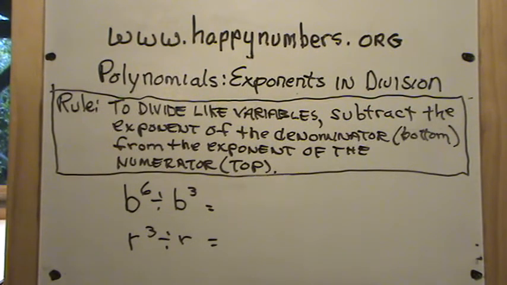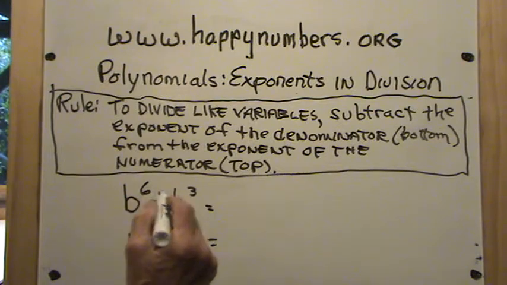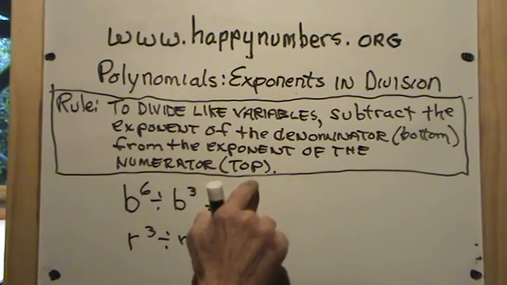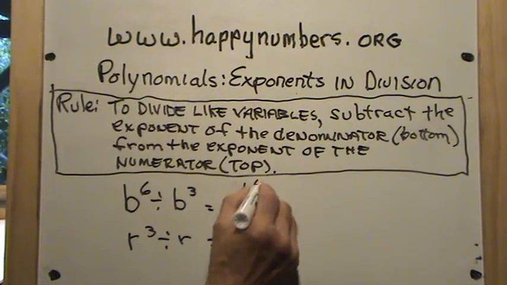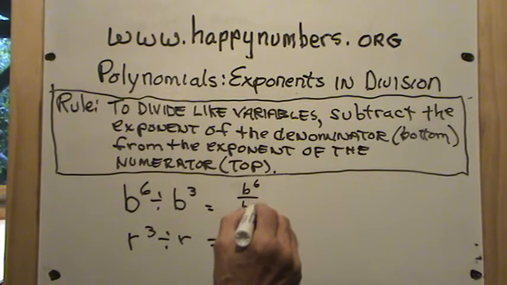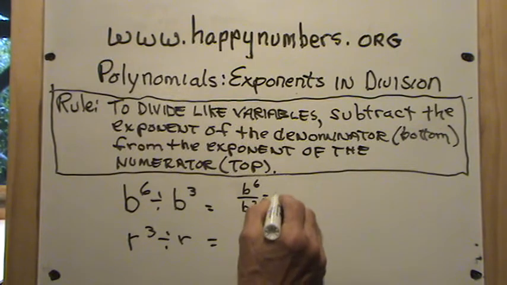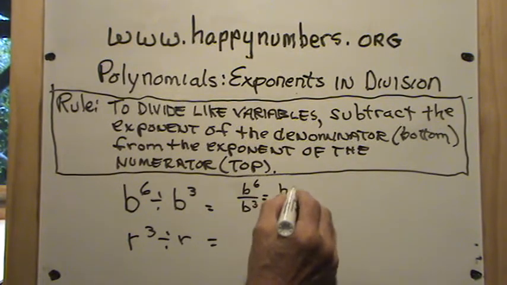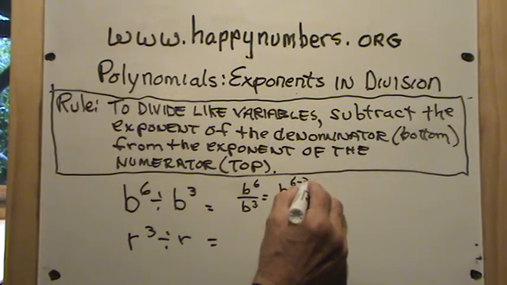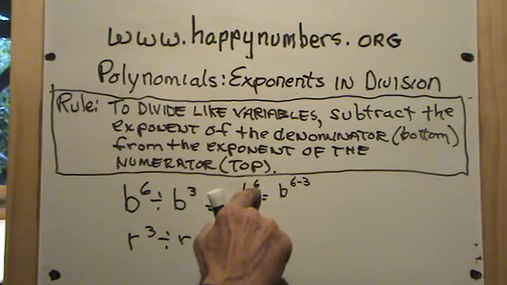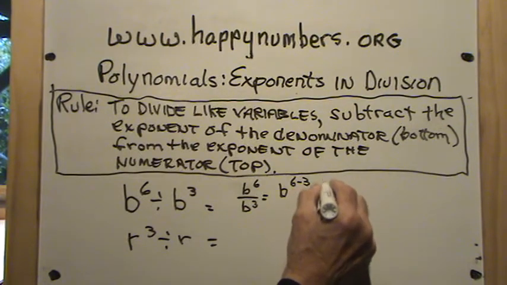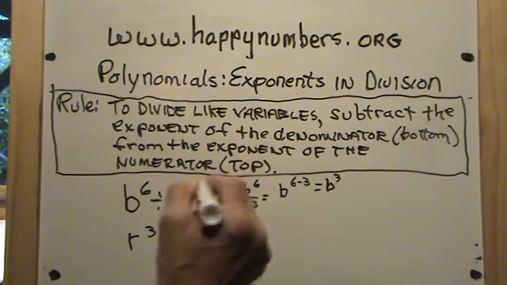Okay, let's see how we've done here. We have B to the 6th divided by B to the 3rd, which is equal to B to the 6 minus 3, because we take the exponent of the bottom part, the denominator, away from the exponent of the top, and that gives us B to the 3rd.